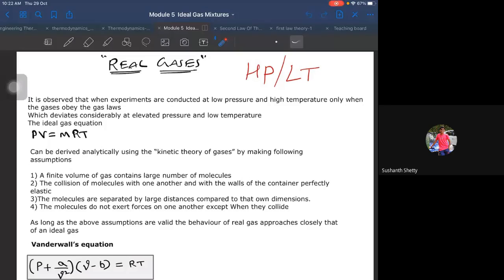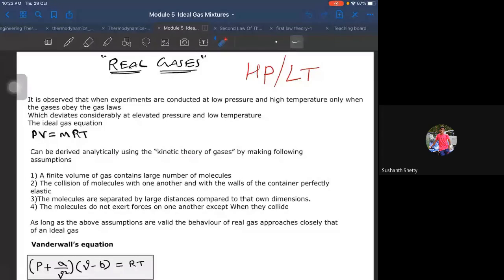You can follow this hint, which says HP and LT. These are the two conditions where a real gas, whatever gas is existing in the atmosphere, will behave as an ideal gas. So what are those conditions? High pressure and low temperature. Exactly, Sushant.